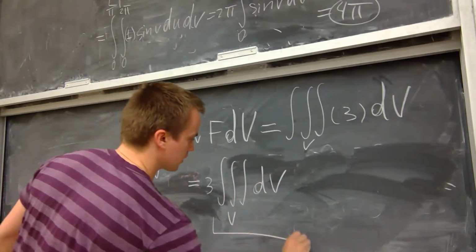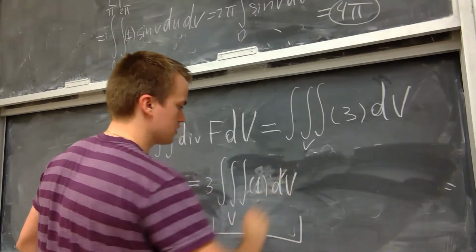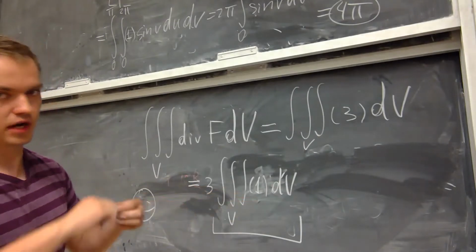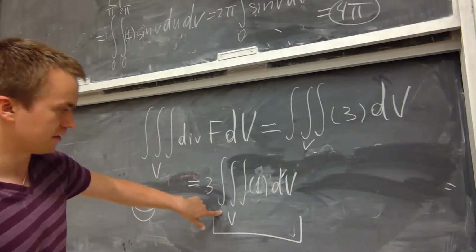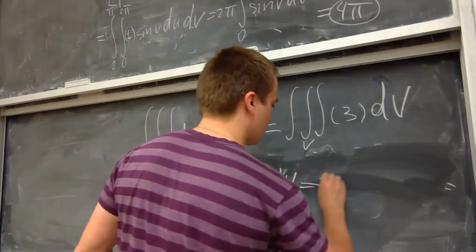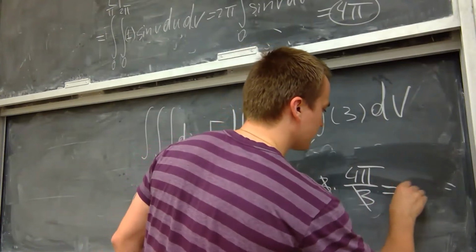The meaning of this integral is volume, because my scalar function is 1. So remember, the double integral of 1 is area, the line integral of 1 is arc length, the surface integral of 1 is surface area, but in this case it is volume. So it equals 3 times 4 pi over 3. The 3 cancels, and I get 4 pi.